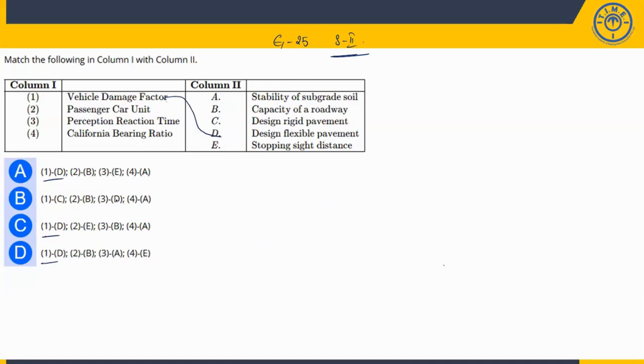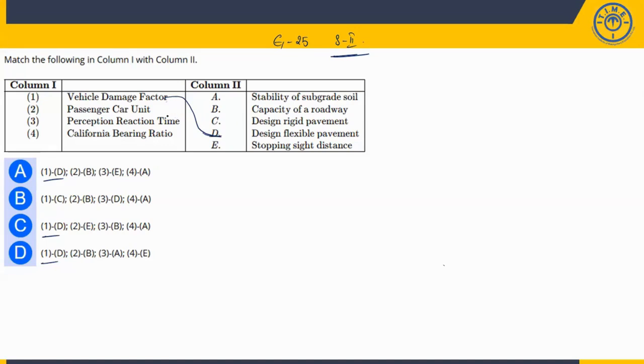Vehicle damage factor is used to account for the damage caused by different vehicles in the design of flexible pavement. So a highly loaded vehicle will have a higher vehicle damage factor. Next we have passenger car unit.